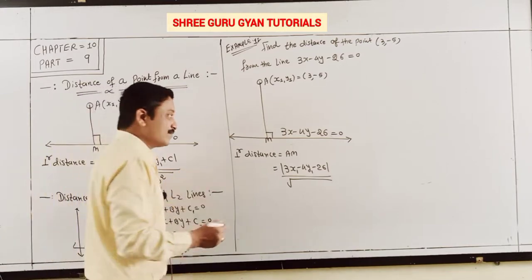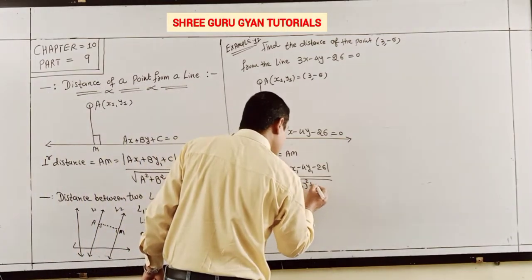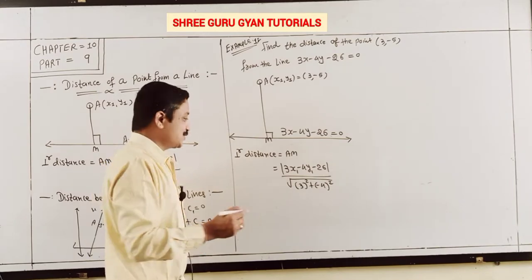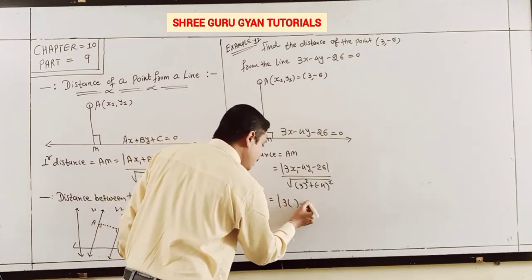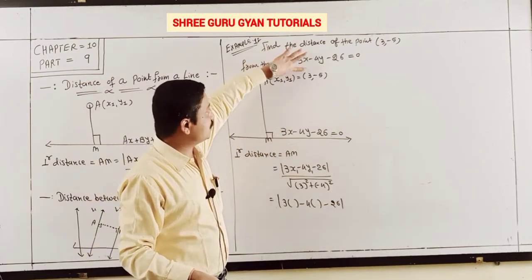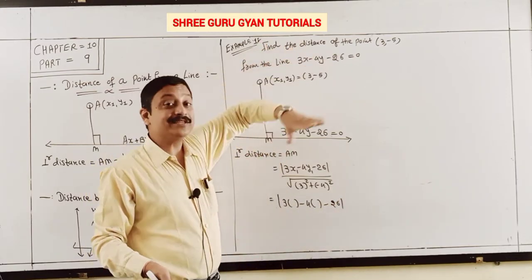Here A is 3, B is minus 4, x1 is 3, y1 is minus 5.